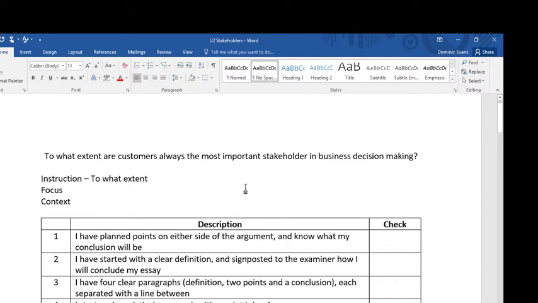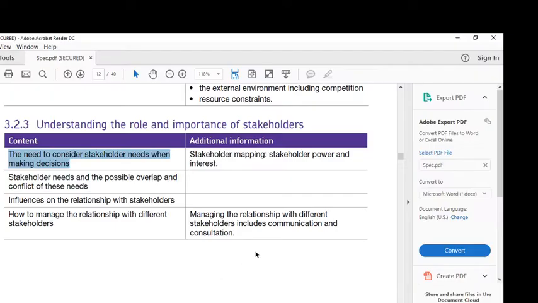The focus of the question is stakeholders and knowing stakeholders. But more importantly, the actual focus of the question is probably stakeholder mapping. The most useful business tool that we can use is stakeholder mapping, where the stakeholder power and interest.